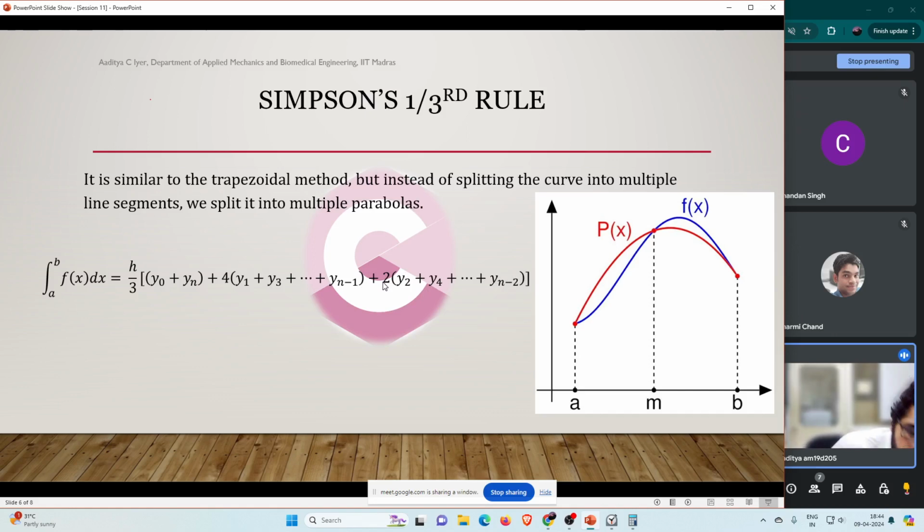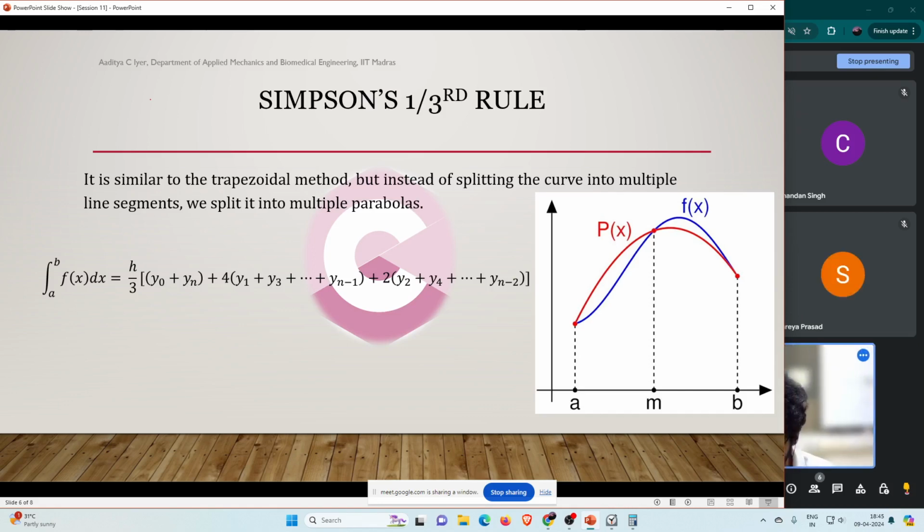All the odd y's will get multiplied by 4 when you add them, and all the even ones will be multiplied by 2, except the last one, of course. The last one will be added as is, and the first one, the 0th one, will also be added as is. So this is basically the case.